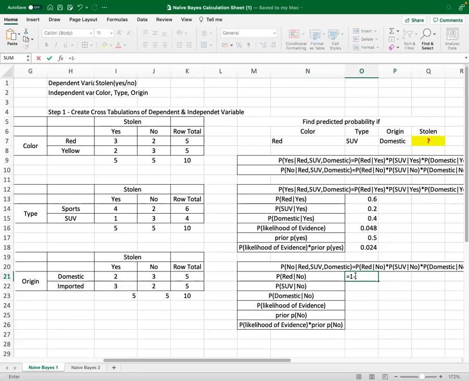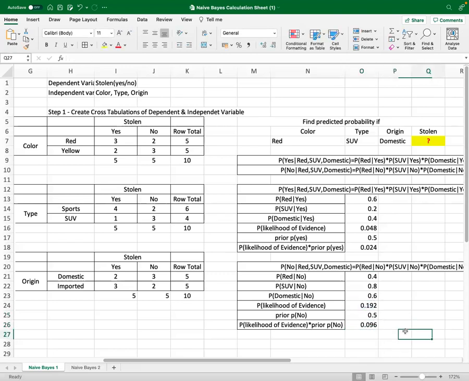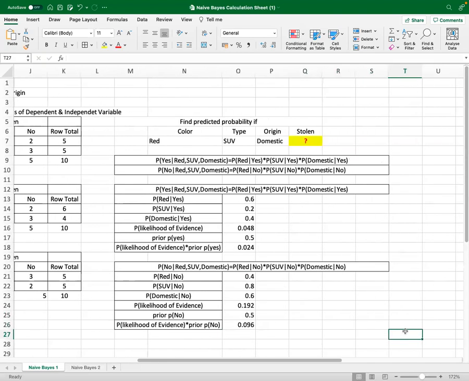So is equal to 1 minus 0.6, 1 minus 0.2, 1 minus 0.4, is equal to 0.4 into 0.8 into 0.6, into 0.5, is equal to 0.096.